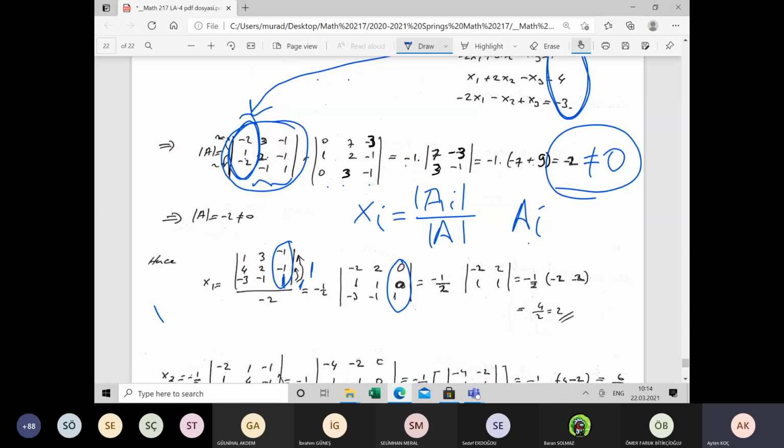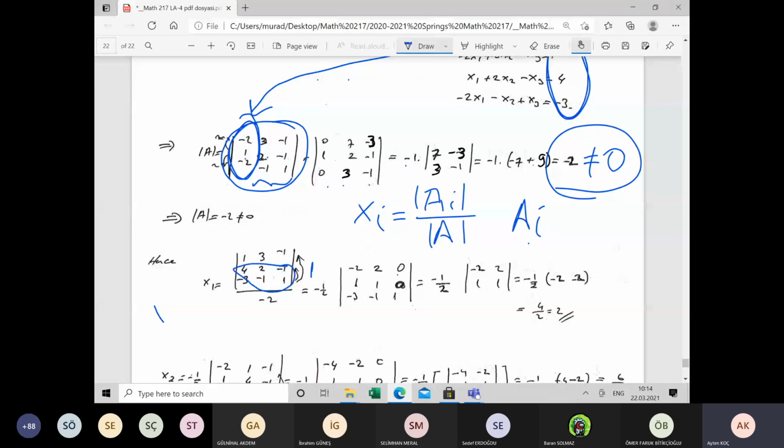So minus 3 plus 1, minus 2. Minus 1, 3, 2, 1, minus 1, 0. So the next operation, take the last row, multiply by 1, add to the second row. Minus 3, 4, 1. 2, minus 1, 1. Minus 1, 1, 0.